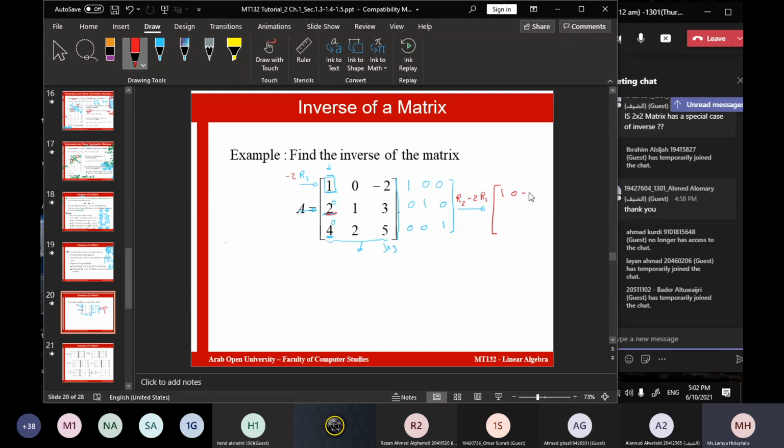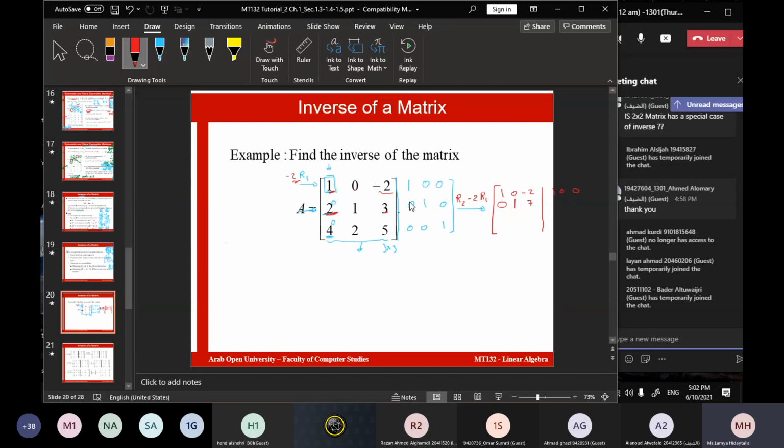So 1, 0, minus 2, and then the line, and then 1, 0, 0. Okay, what about the second row? 2 minus 2, 0. 0 times minus 2 is 0, 0 plus 1, it is 1. And then minus 2 times minus 2, so 4. 4 plus 3, then it is 7, correct?